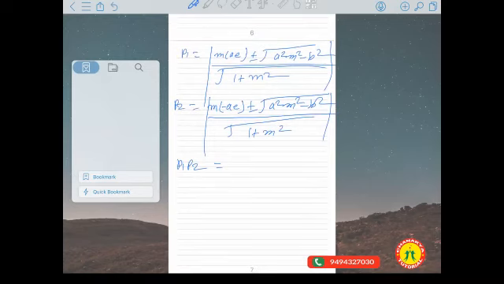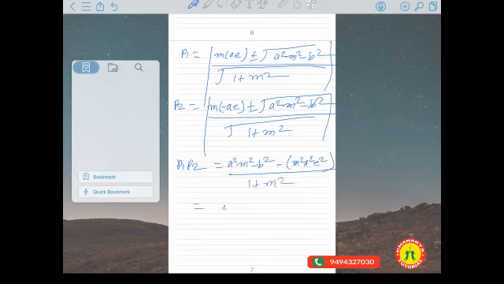A plus b into a minus b: a square minus b square, so m square a square minus, or you can write like that, a square m square minus b square minus m square a square e square, upon 1 plus m square.